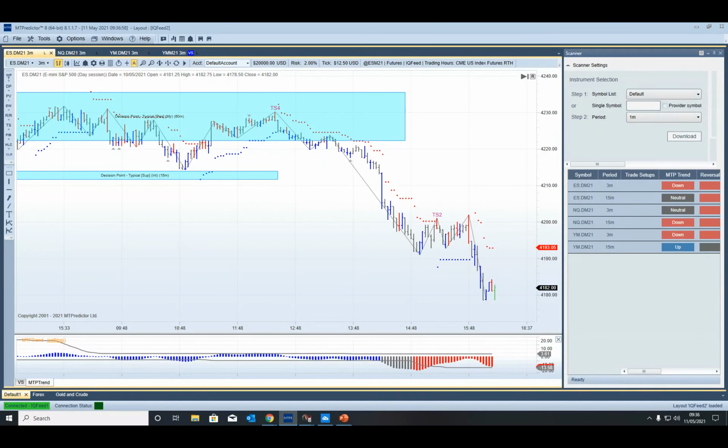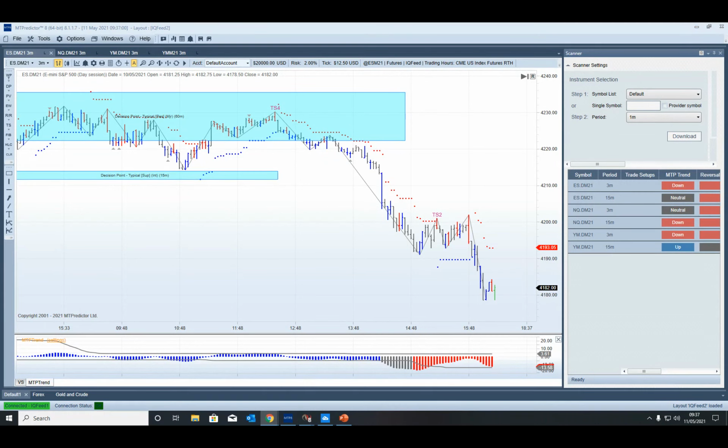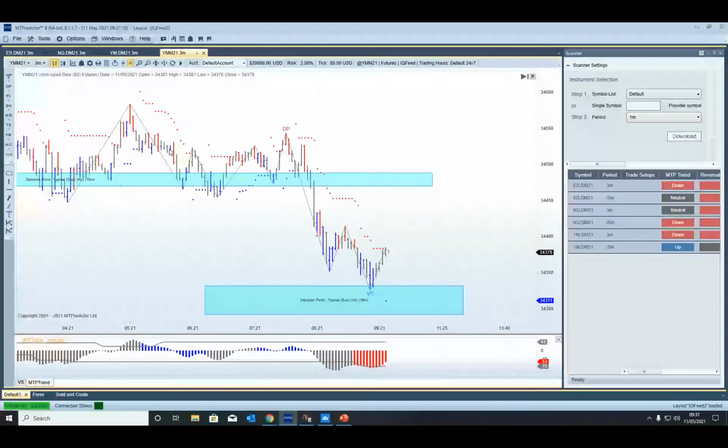And there's times when you should be avoiding the market. And a good live market example on the YM, where if you're just before the US Open, it's probably not a good idea to take a trade setup. So a good example of when not to get too exuberant, particularly when, in that case, the MTP trend was red, so it's telling you not to take it anyway. So a couple of good examples there.